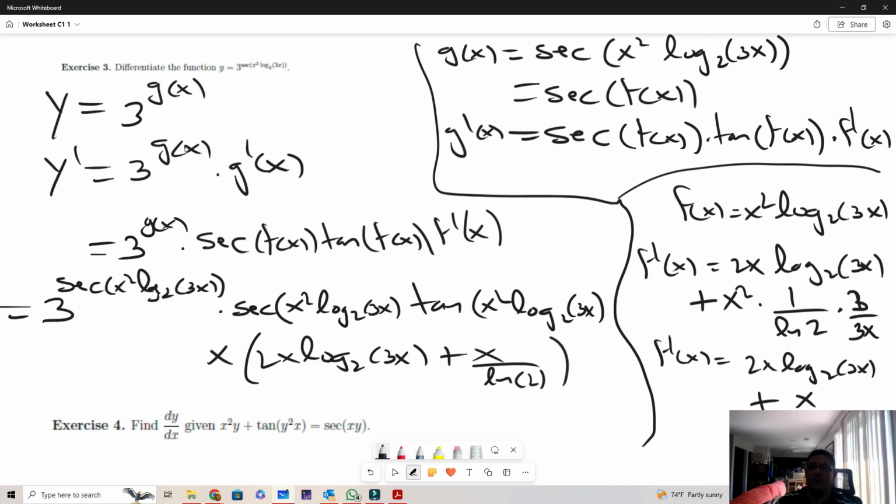So very long derivative, very complicated in terms of chain rule. But if you just separate the chain rule one from the other, you're always going to be able to just do one chain rule at a time. Okay?